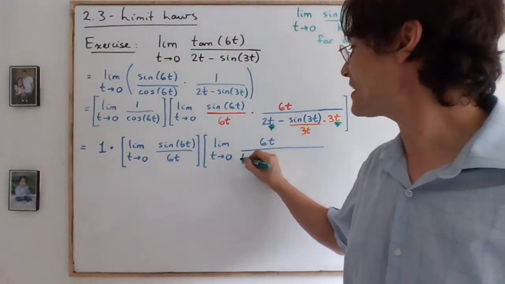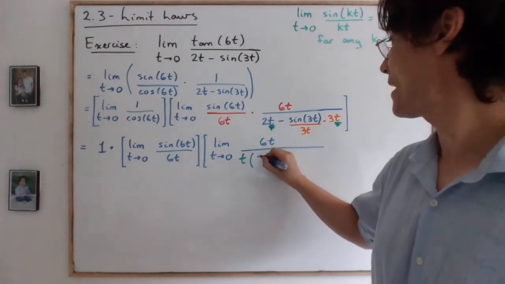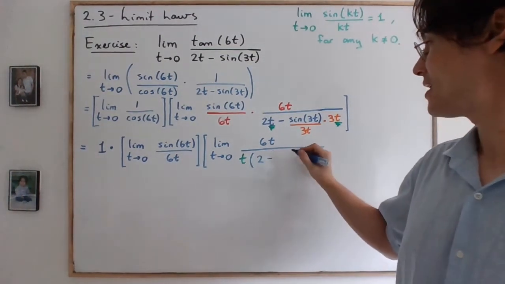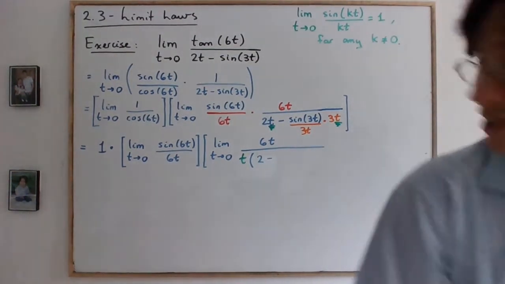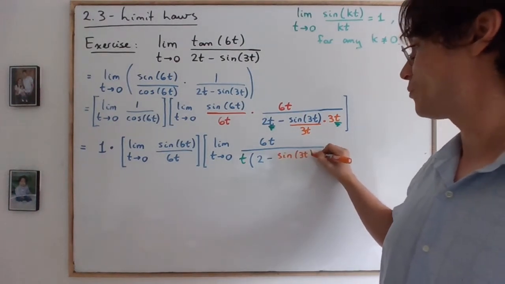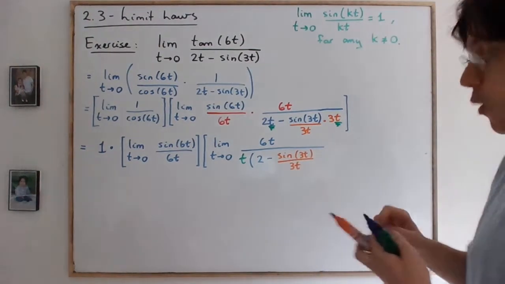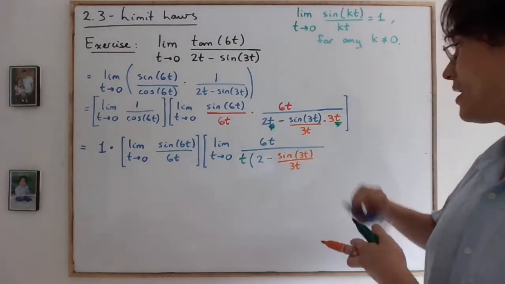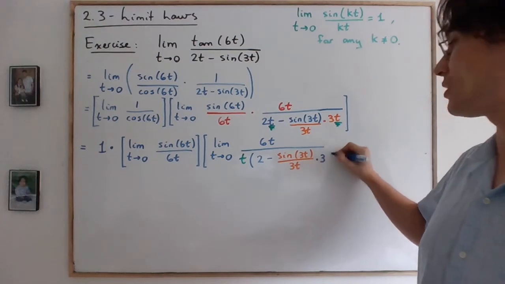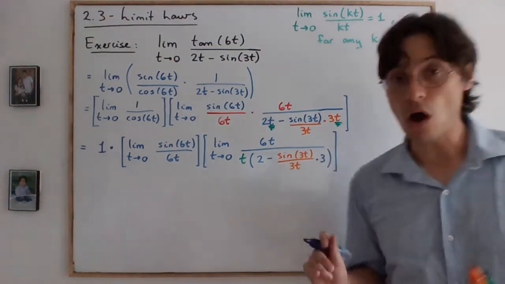We're going to take it out. And we have 2 minus, and here I'm going to continue color coding the sine of 3t over 3t, because you're going to see something quite neat that will happen. But I will not color code the 3. I will just leave it like this. Okay, we're almost done.